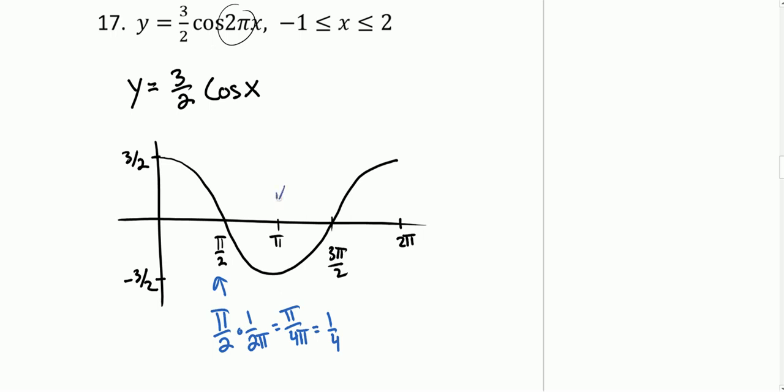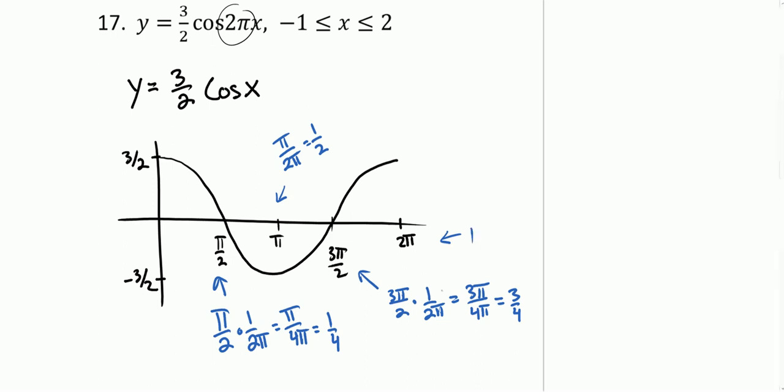And then when I divide pi by 2 pi, that's going to reduce to 1/2. When I divide 3 pi over 2 by 2 pi, that gives me 3 pi over 4 pi, which reduces to 3/4. And then lastly, when I divide 2 pi by 2 pi, I end up with 1.